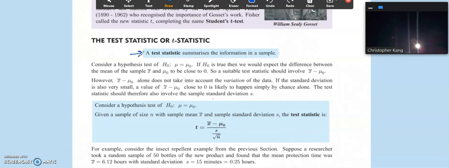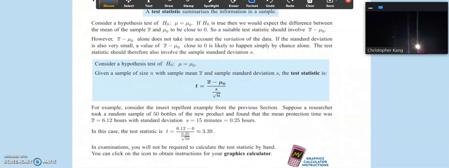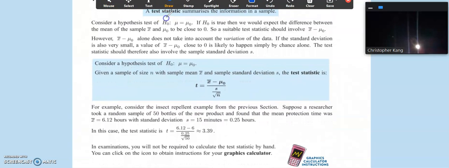Now, the math that computes this t-value is right here. It's this formula. Now, the nice thing you need to know is that for this course, you will never have to figure out the t-statistic on your own. All right? You can always use your calculator. In examinations, you will not be required to calculate the test statistic by hand. You can just use your graphing calculator to do that.